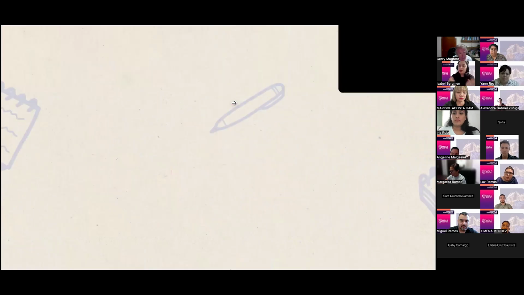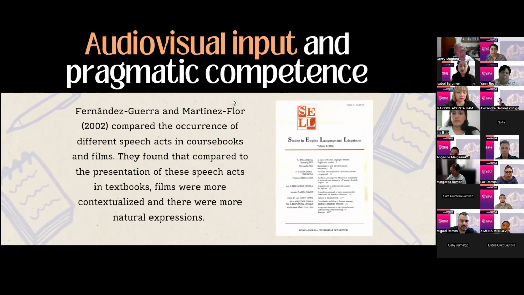In this case, audiovisual input can help us to have these contextual cues. So for example, Fernandez Guerra and Martinez Flor were comparing course books and films. And they realized that films were more contextualized and had more natural expressions in them.